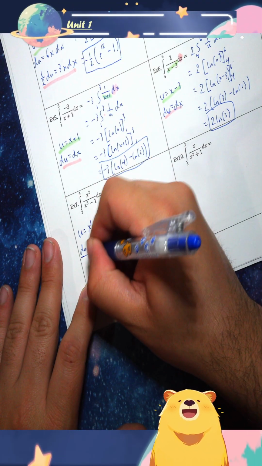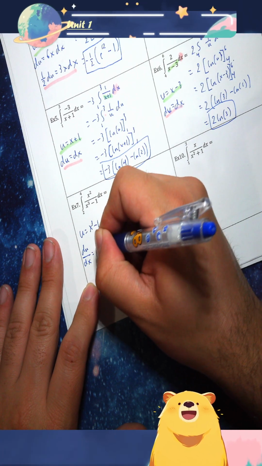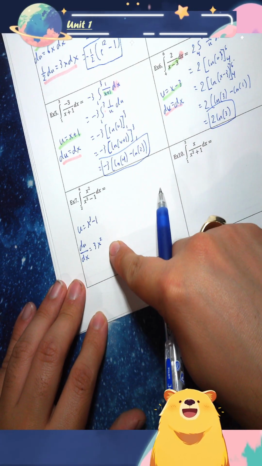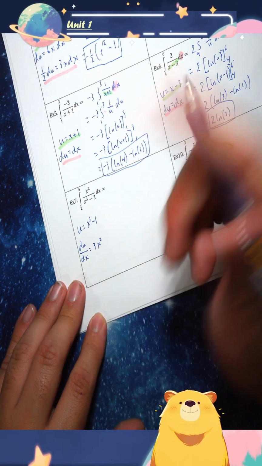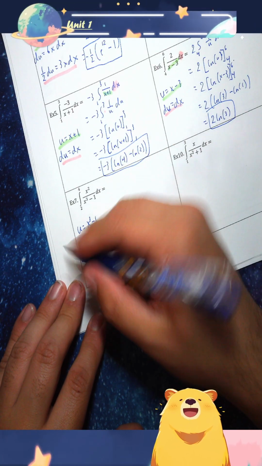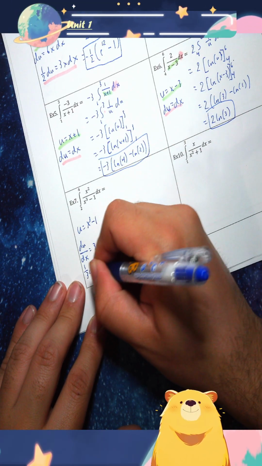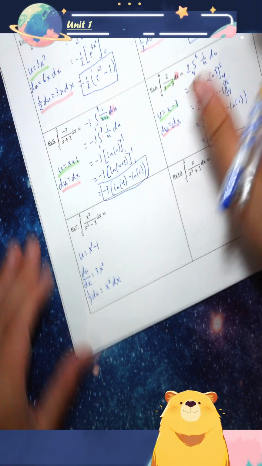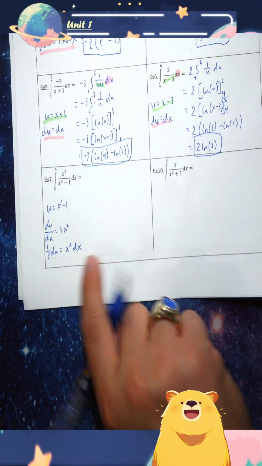I'll get 3x squared. We multiply both sides by the dx, and we divide by 3 because there's no 3 here. We get this as our full expression.